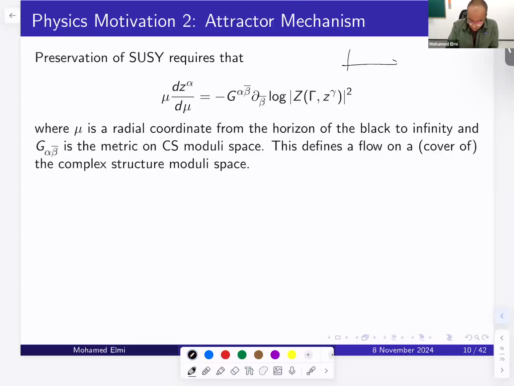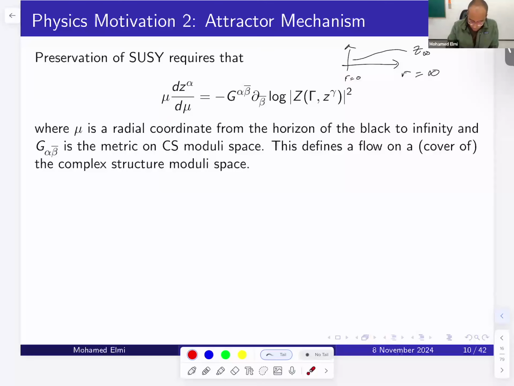Infinitely far from the horizon of the black hole, your spacetime is flat, and your moduli can basically take whatever value you like. But as you flow towards the horizon of your black hole, which is this r equals 0, it will have to take a very specific profile, and that profile is controlled by this differential equation.